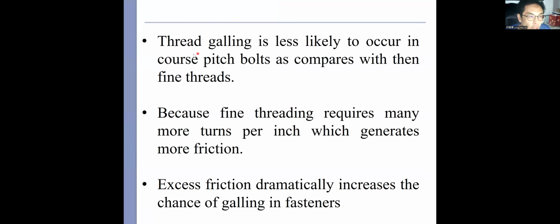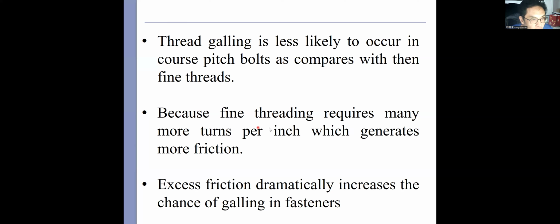So thread galling is less likely to occur in coarse pitch bolts as compared with fine thread, right? That's why I mentioned it, because the contact area between the bolt thread and the nut threads is greater than that of the fine thread, right?